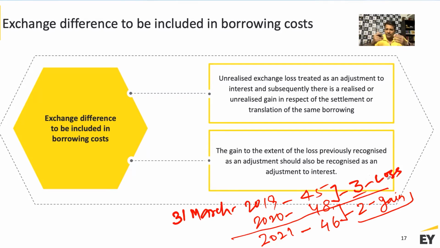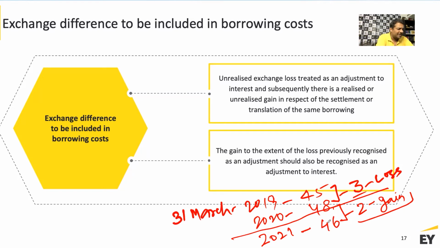If a qualifying asset continues to exist in relation to which you had capitalized this, then this 2 rupee gain, you've got to decapitalize the previously capitalized amount. But if the construction is complete, you are done. Or if you've already repaid the loan, then anyway you don't get any foreign currency gain here, and so on and so forth. So you've got to understand this concept.